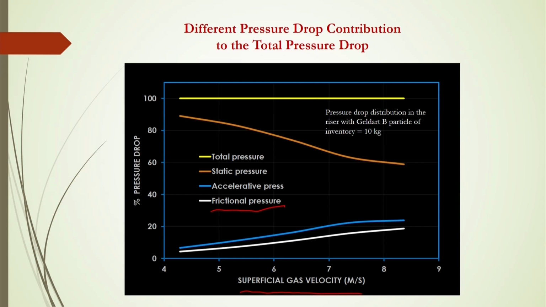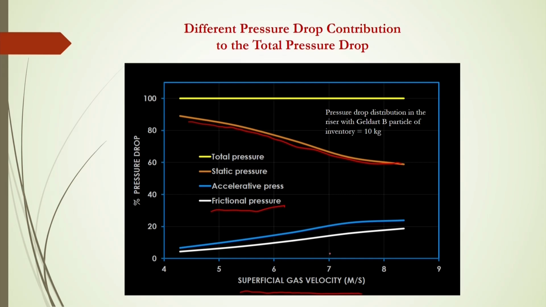So overall the effect of the head will decrease with respect to gas velocity, whereas the frictional and accelerative pressure drops will increase with superficial gas velocity because of particle-particle interaction, fluid-particle interaction and fluid-wall interaction, for which the frictional pressure drop will increase in that case, and the total pressure drop will remain.